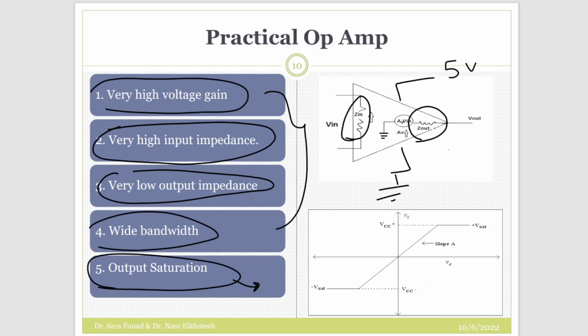The voltage saturation is the maximum voltage that the operational amplifier can get, and the gain of the signal cannot exceed this value. So the amplified signal cannot exceed the value of the power supply. This is what's so-called the output saturation.